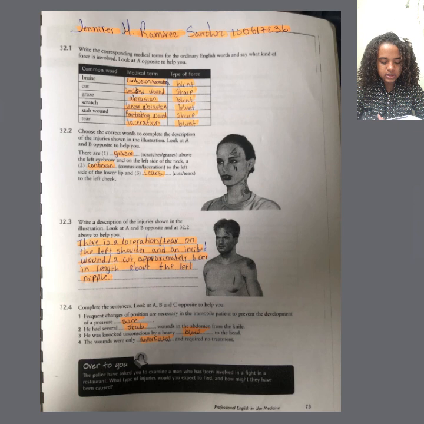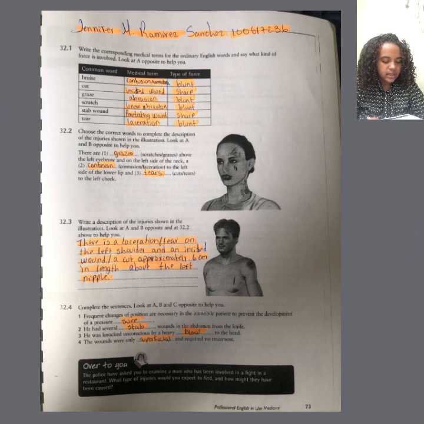Complete the sentences. Look at A, B, and C opposite to help you. Number 1, frequent changes of position are necessary in the immobile patient to prevent development of abrasions. Number 2, he had several stab wounds in the abdomen from the knife.